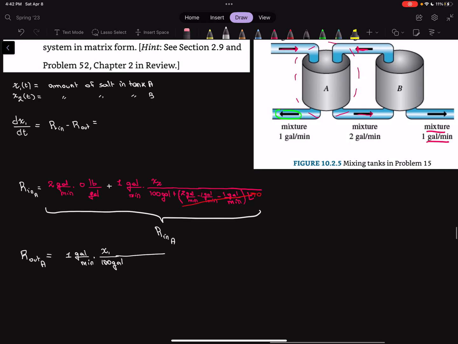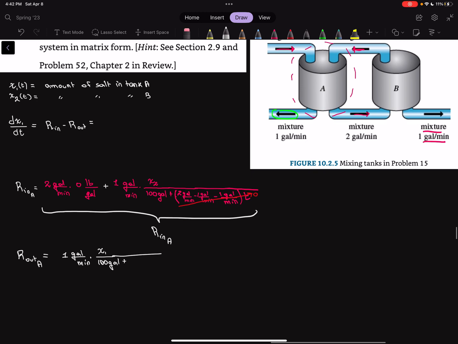So maybe there's 1 gallon going in from the left, 1 gallon per minute, another coming in from the right. Here we're just measuring the volume, but we're not really concerned with the concentration. And then we have minus 1 gallon per minute going out.